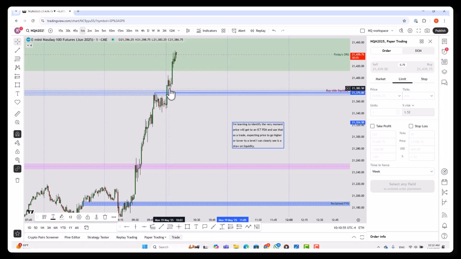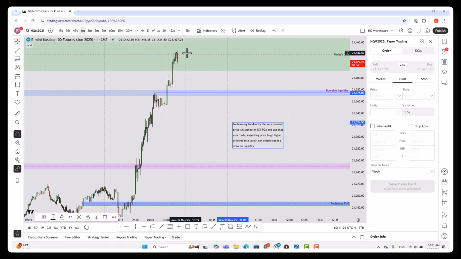But here, this order block, this fair value gap formed, and we knew that this was the draw on liquidity, so we buy here. So at least these two elements have to be there before I take a trade.